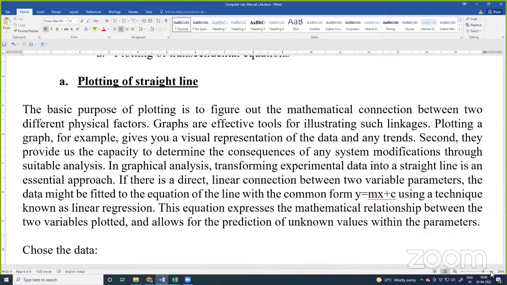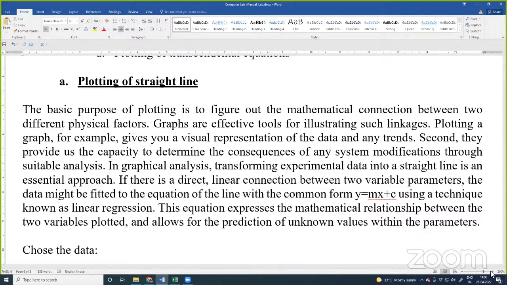Plotting such types of graphs gives us a visual representation of the data and of following any of the trends. A trend may be linear, logarithmic, exponential, sinusoidal, or something else.